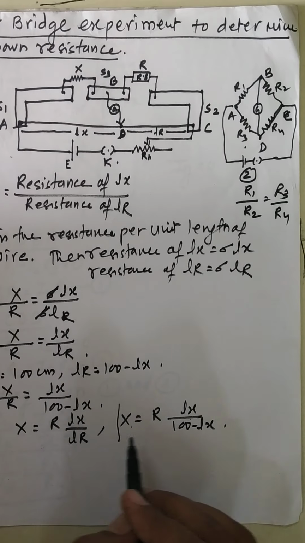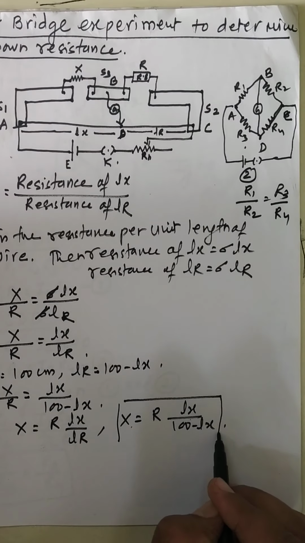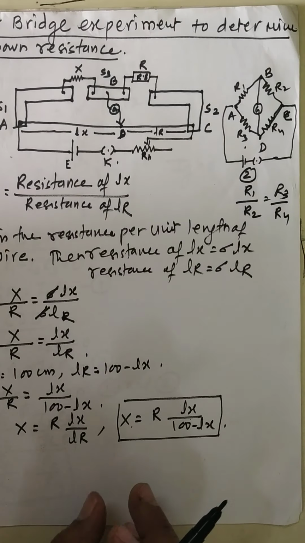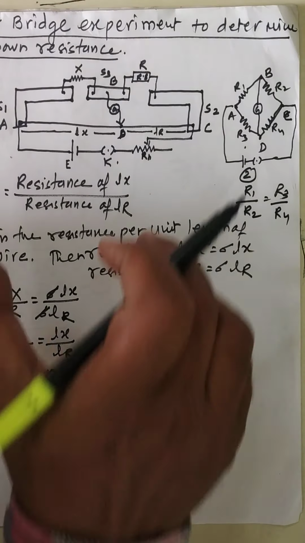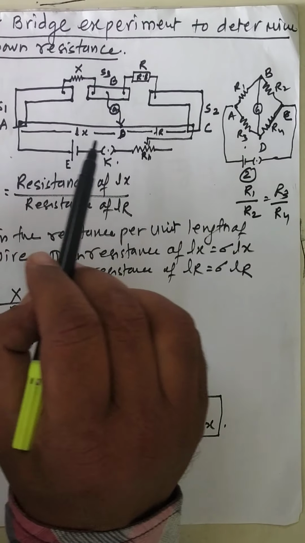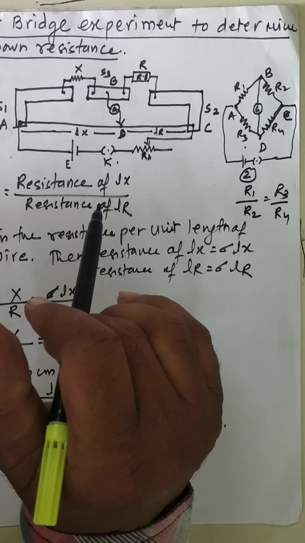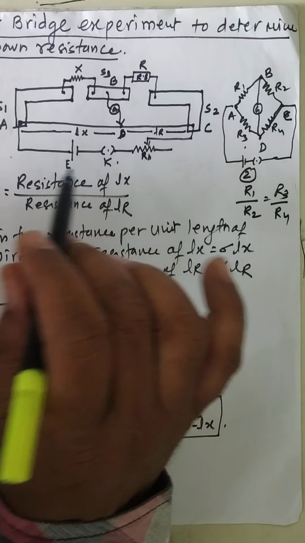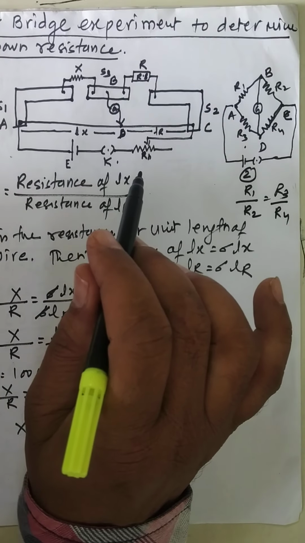Now what are the precautions to be taken while performing this experiment? While performing this experiment, we have to take care that connection should be tight and proper. Jockey should be tapped, it should not be slided.